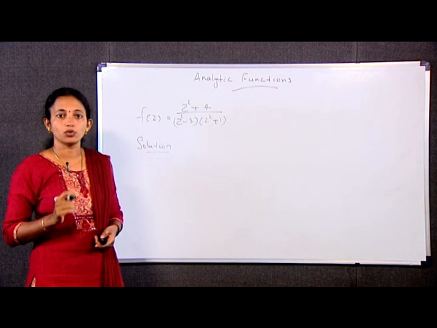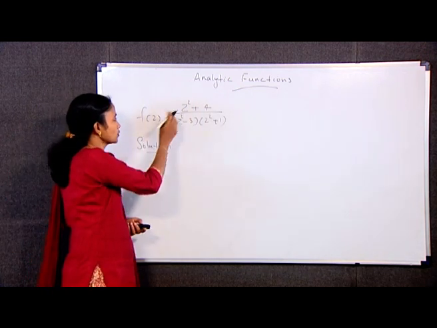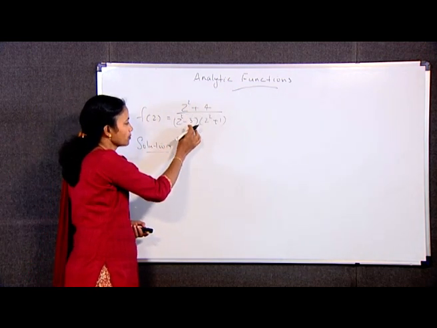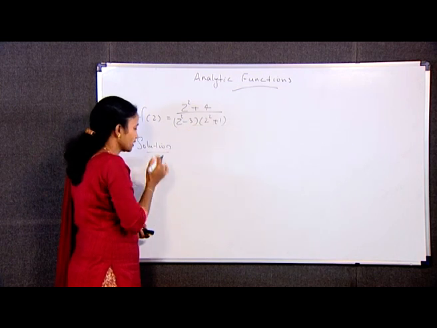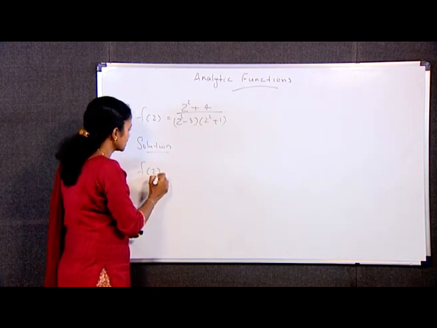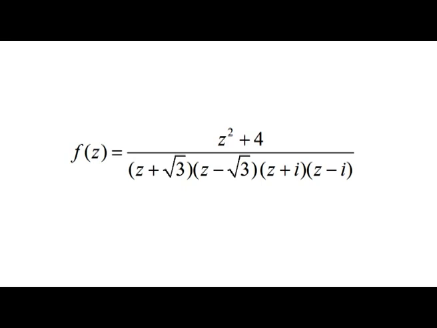The quotient f(z) can be written as f(z) is equal to (z square plus 4) divided by, using the formula a square minus b square is equal to (a plus b) into (a minus b), (z minus square root of 3) into (z plus square root of 3) into (z minus i) into (z plus i).